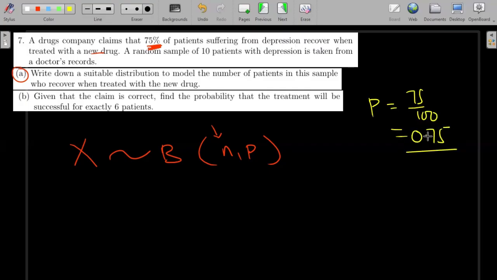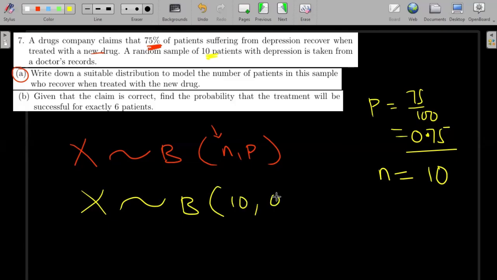So the probability of success is 0.75. And the n we've been told is 10 patients. So the suitable model is that X will follow a binomial distribution such that n is 10 and p is 0.75. This will be the model that this particular case will follow.